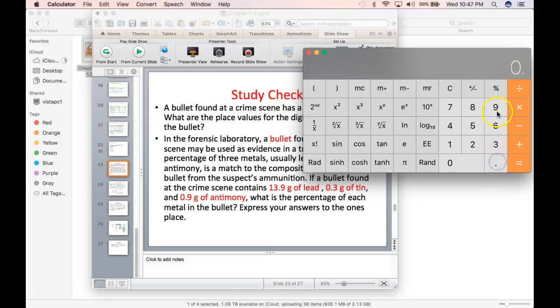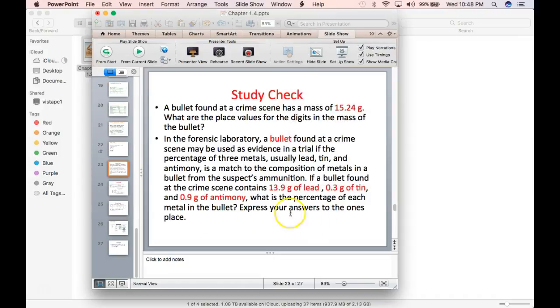And then you have 0.9 divided by 15.1 times 100. And again to the ones place, so this is 6. Okay, all right, so that does make sense because you have 92 for the lead, 2 for the tin, and then 6 for the antimony, so that's a total of 100%. All right, okay, so that's how you express your answers.